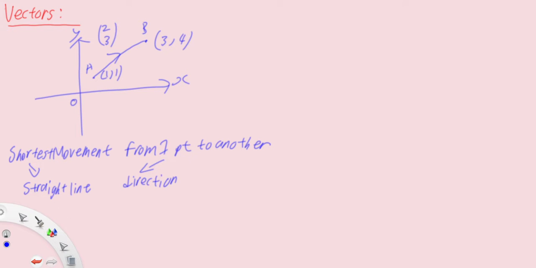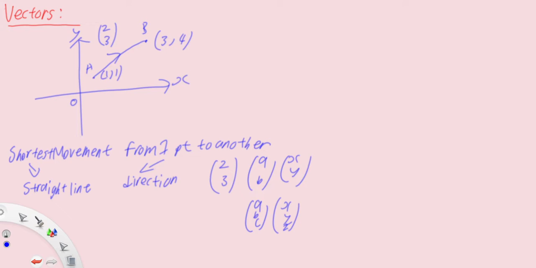Instead, vectors are represented with the vertical matrix, or rather the column matrix (2, 3), or in a more generic term, (a, b). Alright, so this is just two-dimensional. Of course, if we talk about three-dimensional, it'll be (a, b, c), or (x, y, z). The first row being x, the next row being y, and then followed by z.